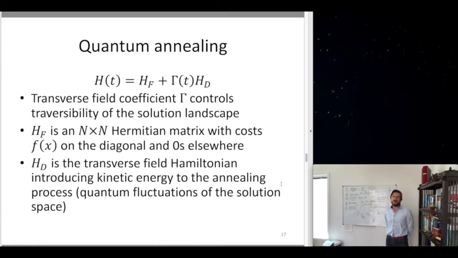And here, how important that Hamiltonian becomes over time is given by the transverse field coefficient gamma. This controls the traversability of the solution landscape, which is what I just mentioned here.